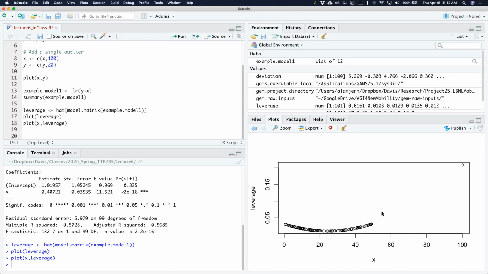Some people like to plot your x's against your leverage, and so you can see across the different values of x's which ones jump out really far in terms of the leverage.